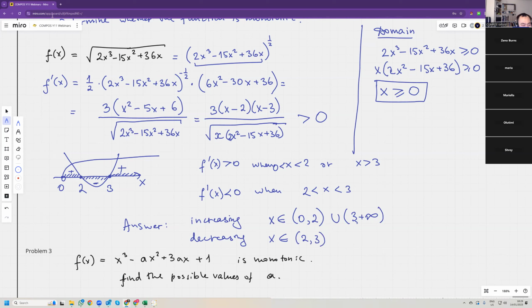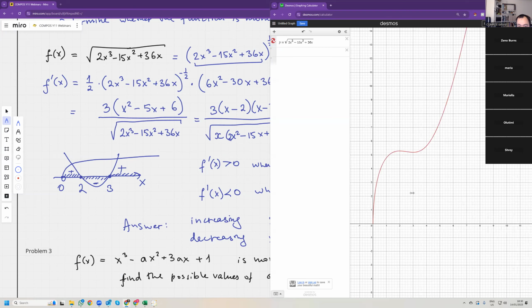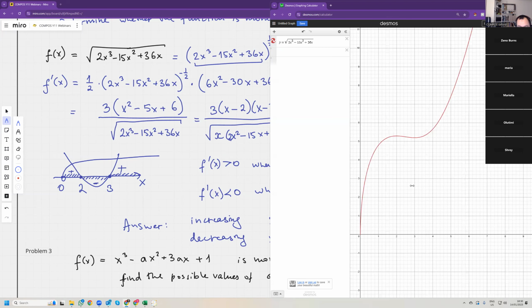All right, let's check. y equals square root of 2x cubed minus 15x squared plus 36x. Ooh, it does look like we were right.